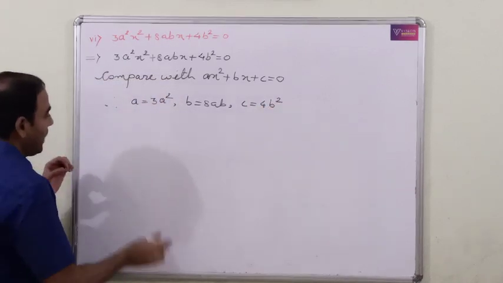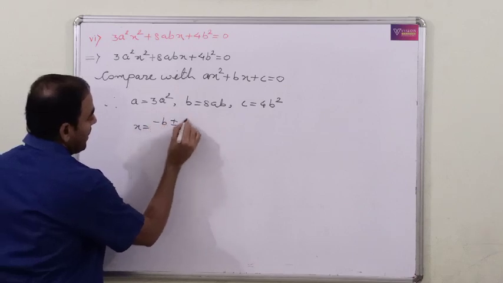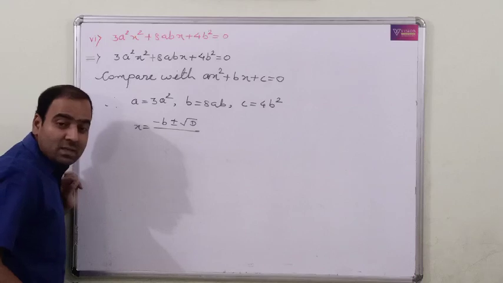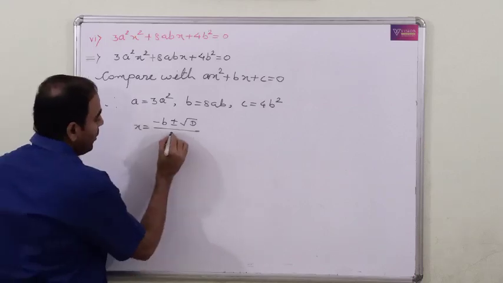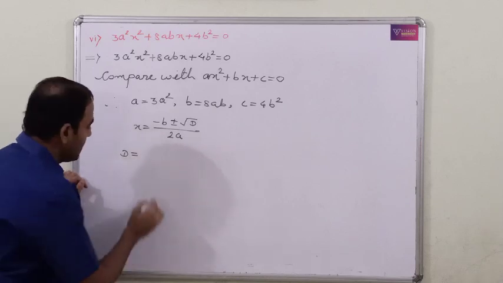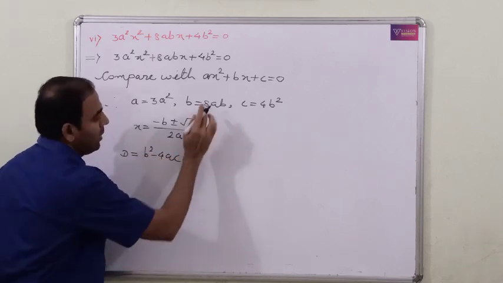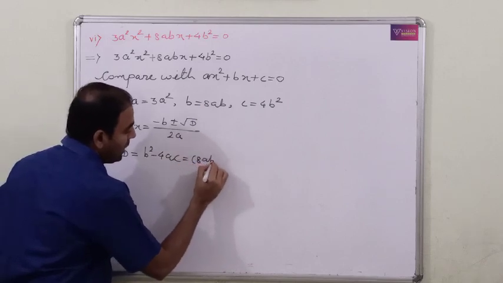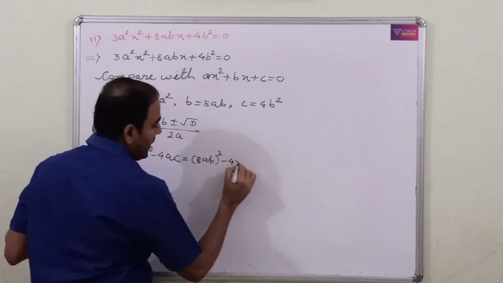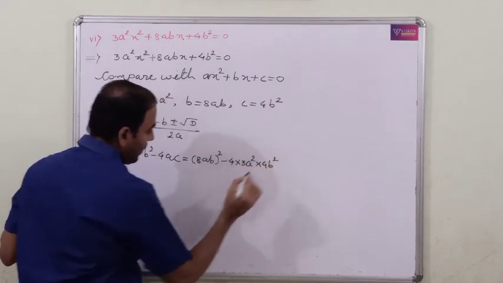We know our formula is x is equals to minus b plus or minus under root D, that is b square minus 4ac, upon 2a. So first of all we have to find the value of discriminant, that is b square minus 4ac. What is the value of b? 8ab whole square minus 4 into the value of a, which is 3a square, into the value of c, which is 4b square.